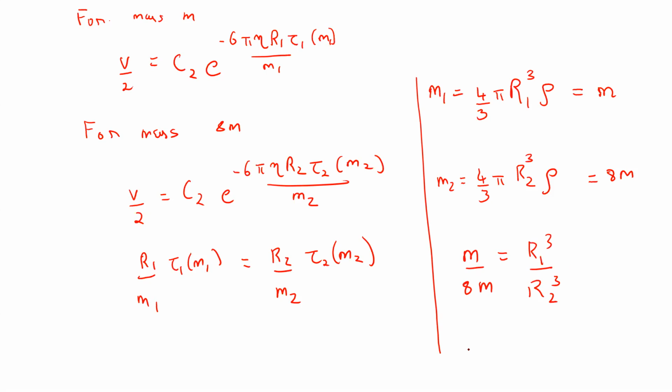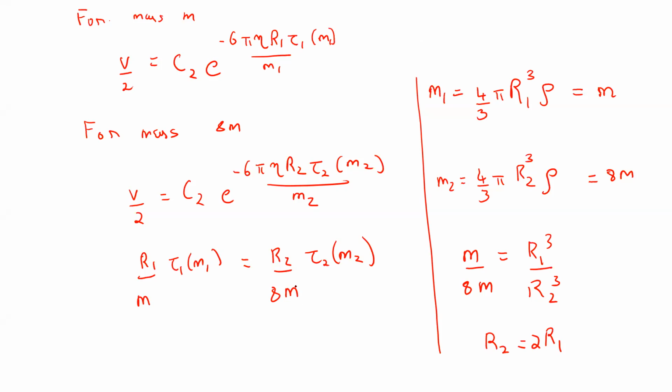So from this we get that r2 is equal to 2r1. So let's substitute all this here. m1 is nothing but m, and m2 is nothing but 8m.